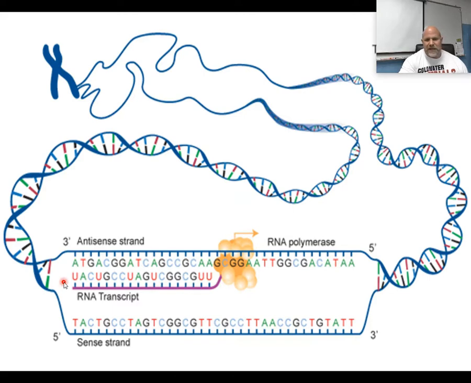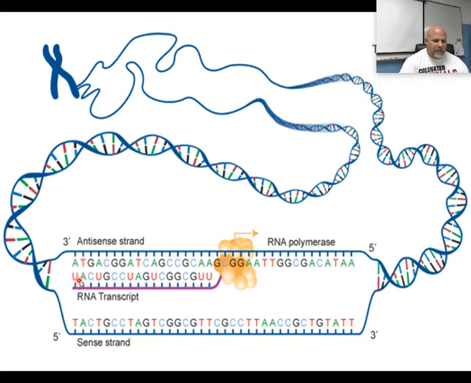And there are some slight differences between DNA and RNA, but the big thing you need to know for RNA transcription is that any place we would have a T, now we have a U. So we have A's with U's, T's with A's, G's with C's, and C's with G's. But anywhere we would have had a T, now we have a U. So instead of having thymine, we have uracil.